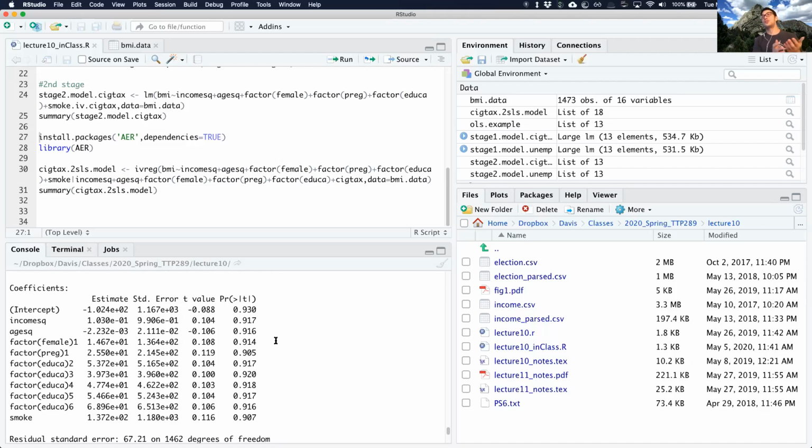And to a degree, I can see why, right? A lot of the instrumental variables procedures and doing these two-stage least squares introduces a lot more uncertainty. And so you end up oftentimes with stuff like this, where you have no variables of significance.